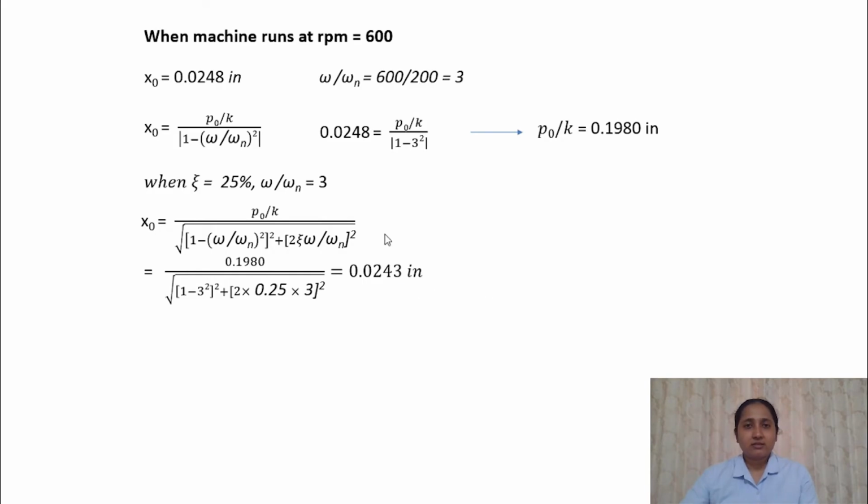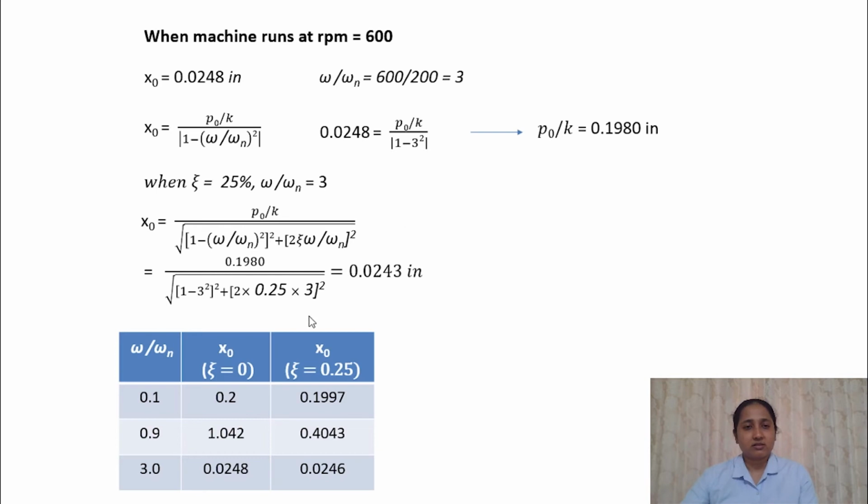Now we have calculated for all three cases, and now let's summarize the results. We ran the machine at different speeds, so we have 3 frequency ratios. The forcing frequency was changing each time. So these are the frequency ratios.